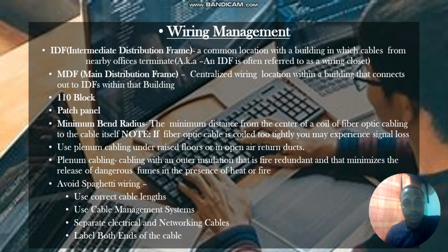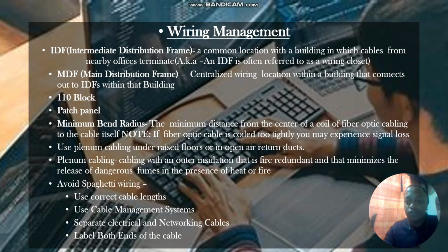Another management practice that we do when we are wiring is using plenum cabling. What I mean by plenum cabling is cabling with an outer insulation, so that if fire catches that specific building, it's not going to get to the wires.